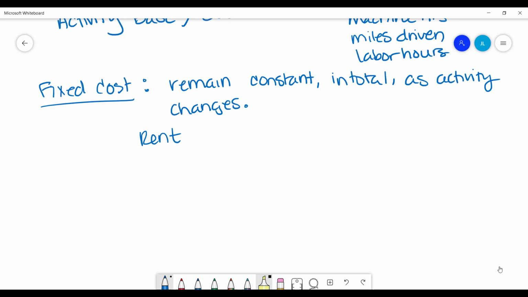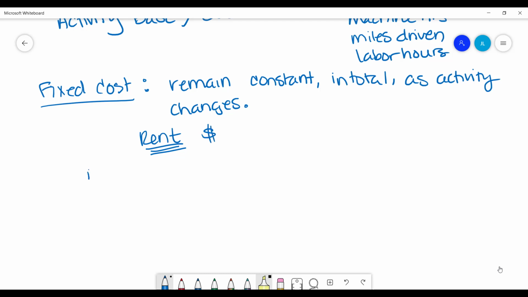I might make 1 unit of product that month, or I might make 1,000 units of product that month. Doesn't matter because I'm still going to have to pay my rent. Rent is not going to go up or down depending on how many units of product I make, at least within that context, because we're going to talk about the relevant range in a second. So in total, fixed costs like rent are going to stay the same.